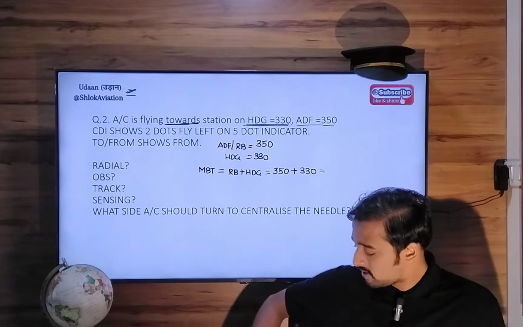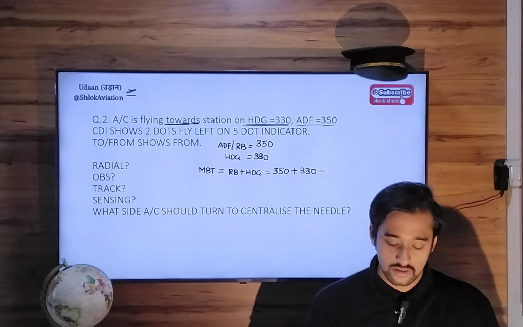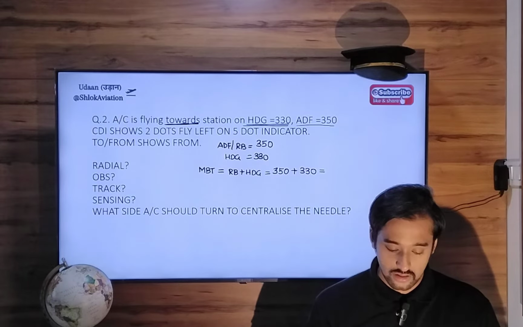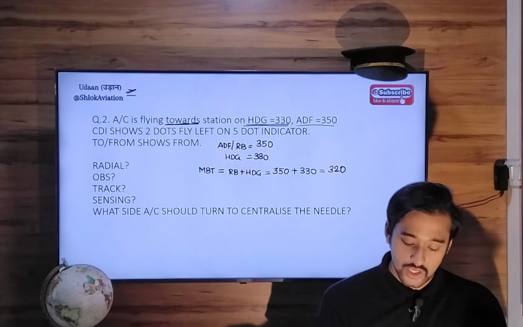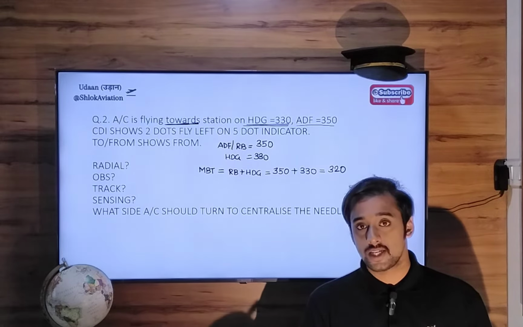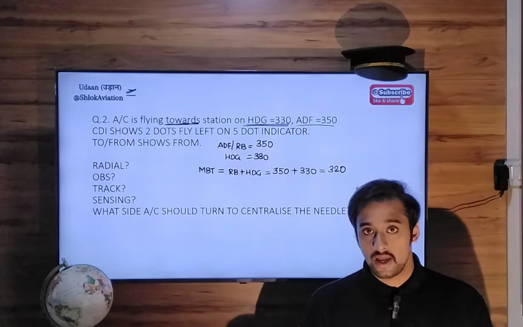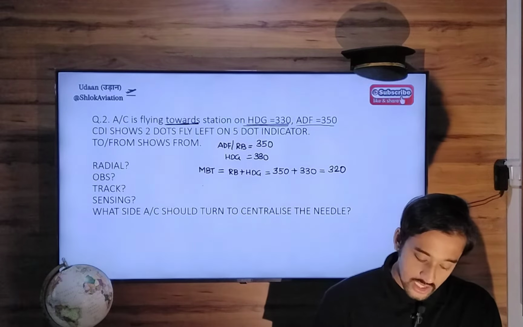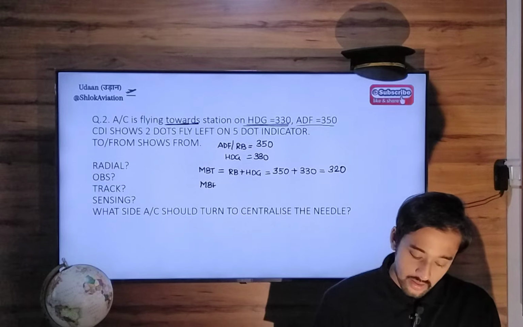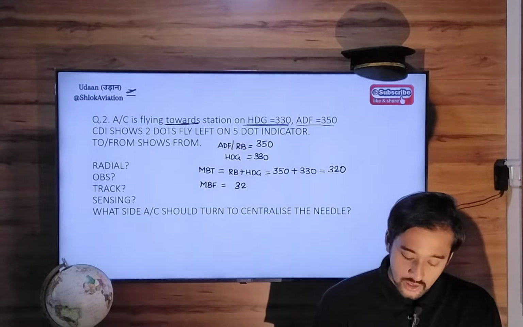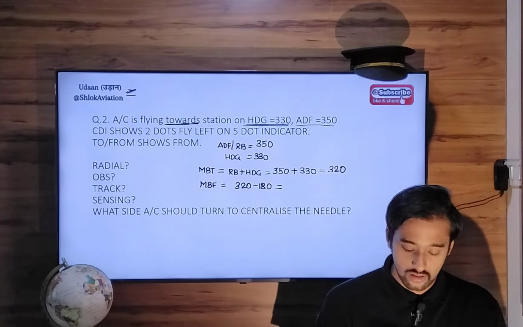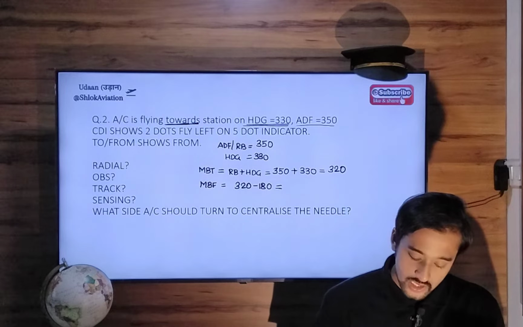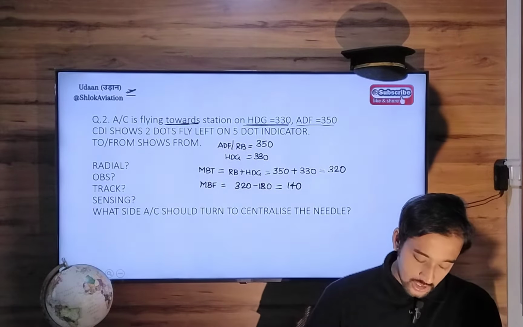So the addition will give you 680, which is 320. So that means the track towards the station is 320 and the aircraft is situated on the reciprocal of 320, which is 140. So we will redraw this diagram.